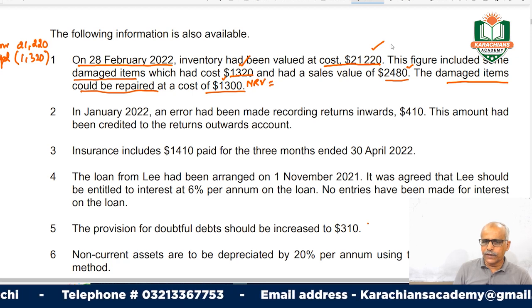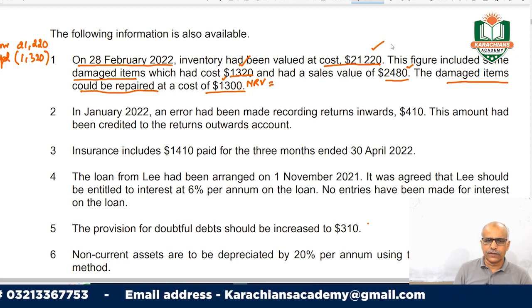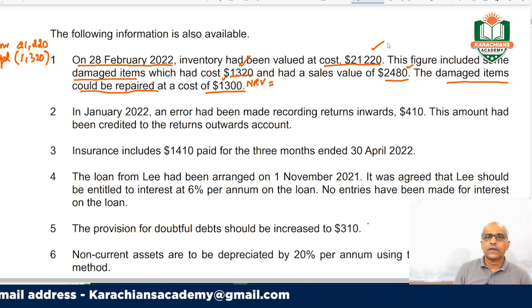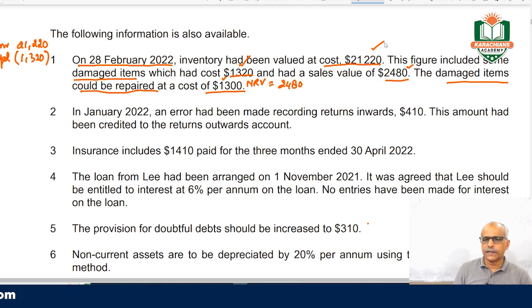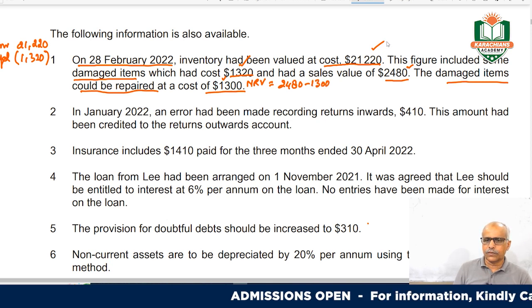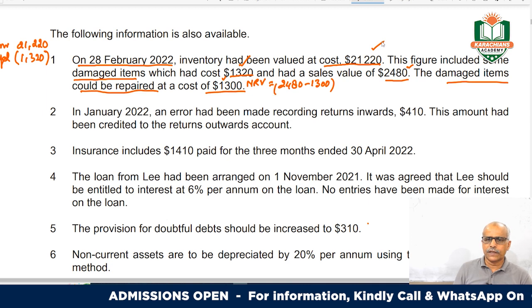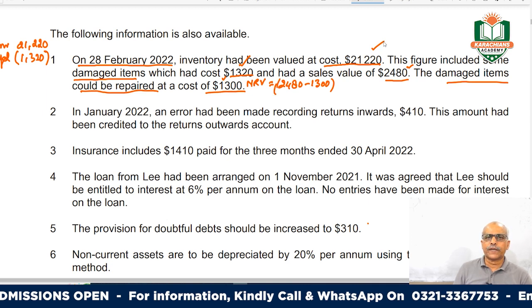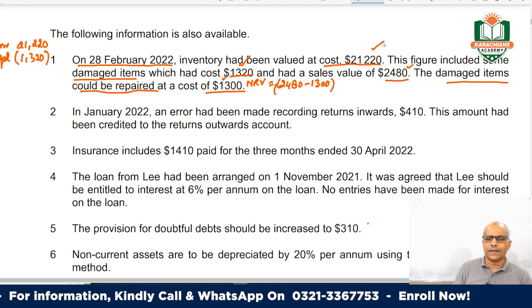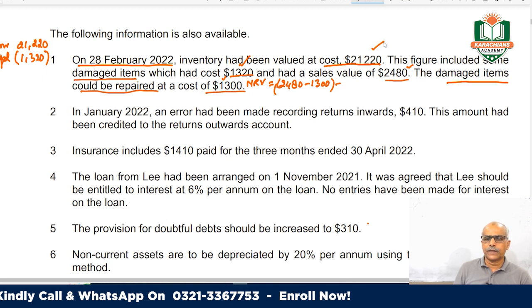So your NRV, if you calculate, and what the NRV is, net realizable value. 2480 is the sales value, and you have to deduct 1300, which is required to bring the product into saleable condition. That cost will be deducted.